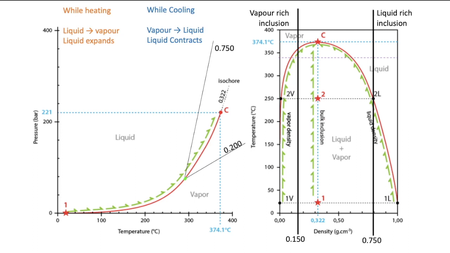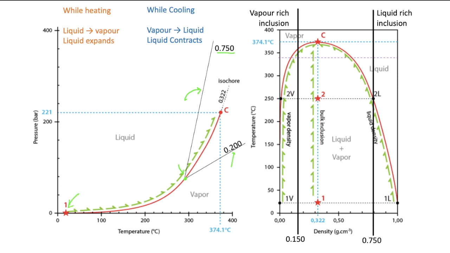Let's say the liquid rich inclusion had a density of 0.75 and the vapor rich inclusion had a density of 0.2, for example. But they were formed at the same time, and now you are finding them at room temperature.